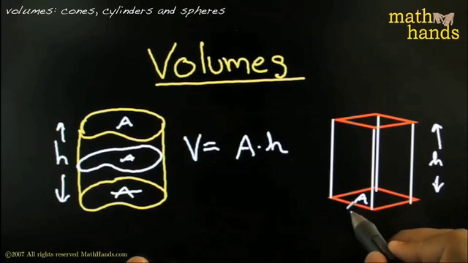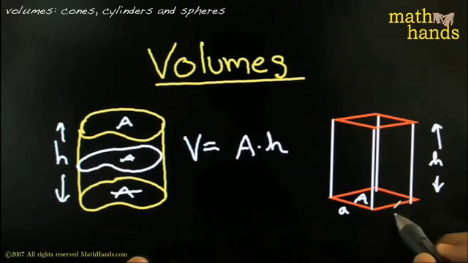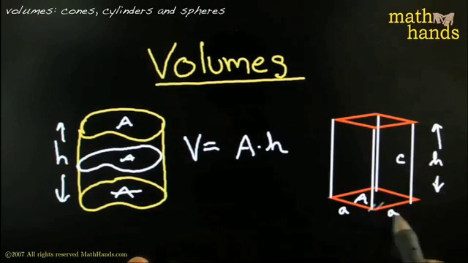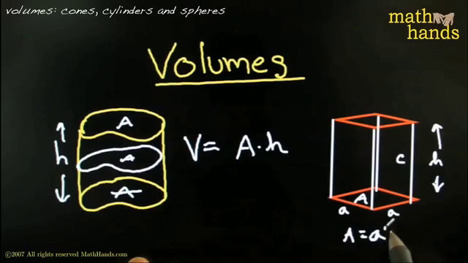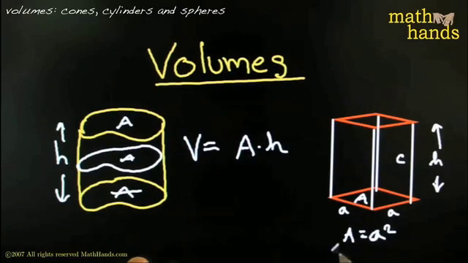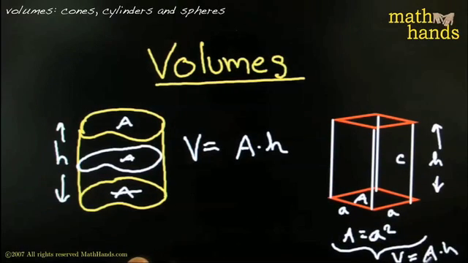So for this case, if this side is say A, and this side is also A, and this side is C, the area on the bottom would be a square. And so the height is H, and so the volume for this particular one would be area times the height, which is equal to A squared times H.